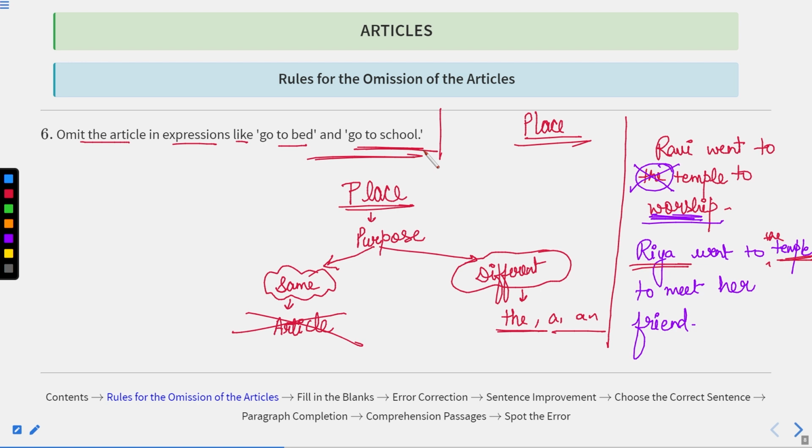For example, if I say her marriage is held in the school, or the party is organized in the school, there we have used the school for some different purpose, so I can use the school. But if I say Ravi and Dishant are going to school, obviously they must be students going to school to study, so there I use school, not an article before school.